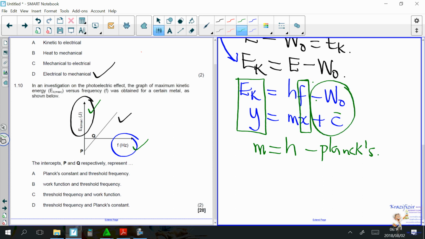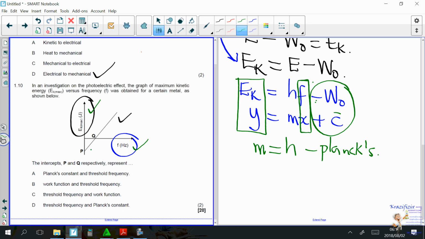And you would see here it's a negative y-intercept. So let's come back here. This is my y-intercept. It's a negative work function. And this one, I'm talking about frequency, so it becomes my threshold frequency, because that's what's on my x.